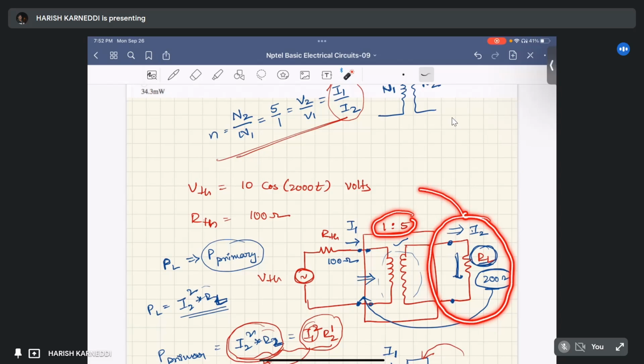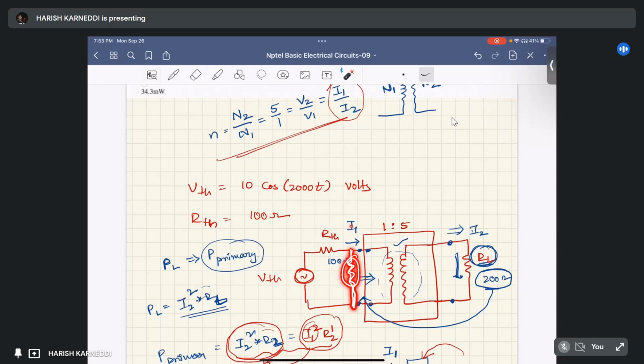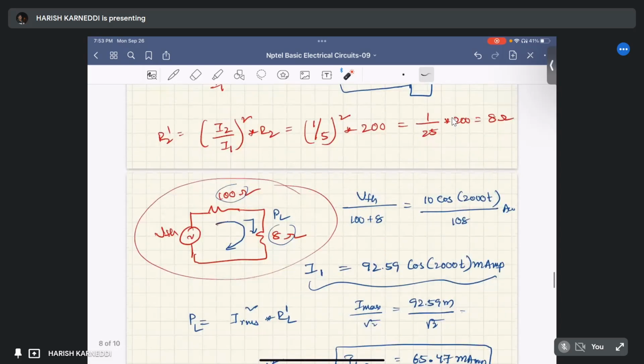We referred this load resistance equivalent at the primary side. Simply, we connected one resistor here which is equivalent to the resistance seen from these terminals, that is an 8 ohm resistor.